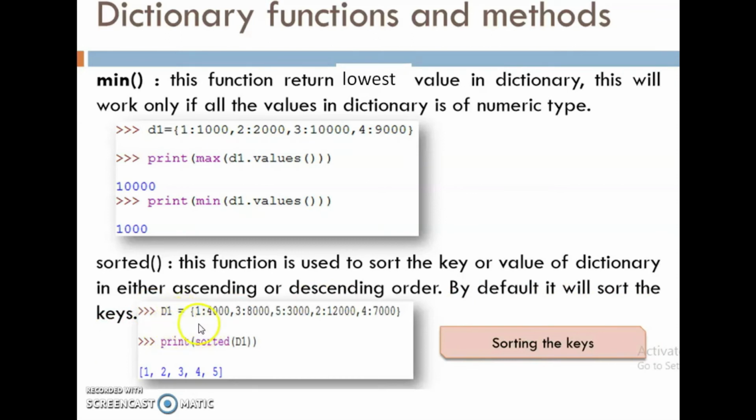Example, d1 = {1:4,000, 3:8,000, 5:3,000, 2:12,000, 4:7,000}. Print sorted(d1). By default, the sorted function will sort the keys. You can see 1, 2, 3, 4, 5. Sorting the keys.